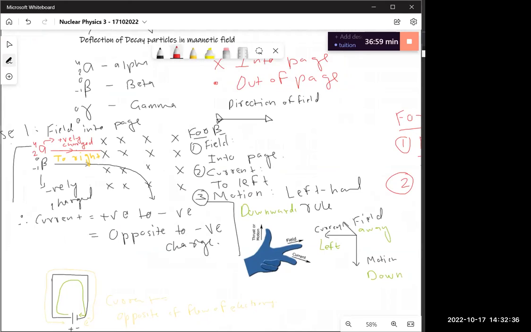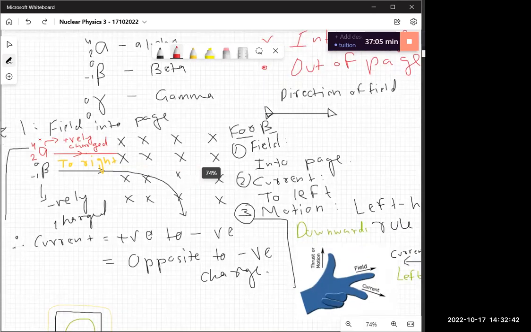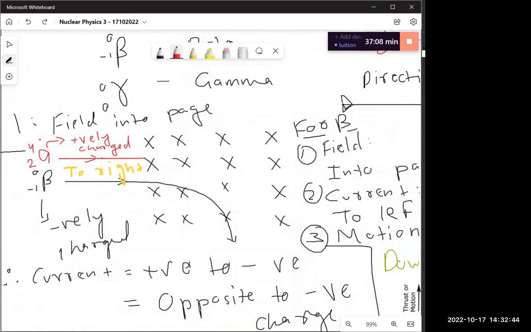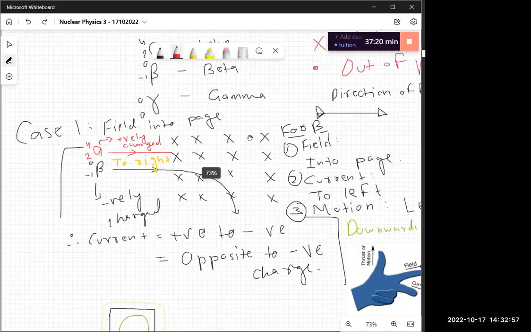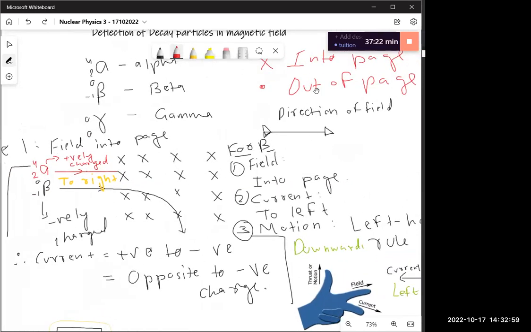Did you ask a question? Yes, I asked a question. The alpha particle is going to the right, so what will the current direction be? It will always be the same. The field is into the page, done.